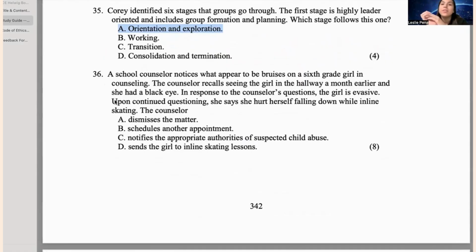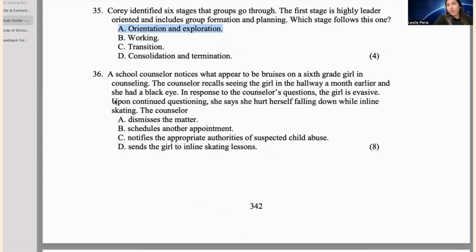What appeared to be bruises on a 6th grade girl. In counseling, the counselor recalls seeing the girl in the hallway months earlier. She had a black eye. In response to the counselor's questions, the girl is evasive. Upon continued questioning, she says she hurt herself falling down skating. The counselor does what?